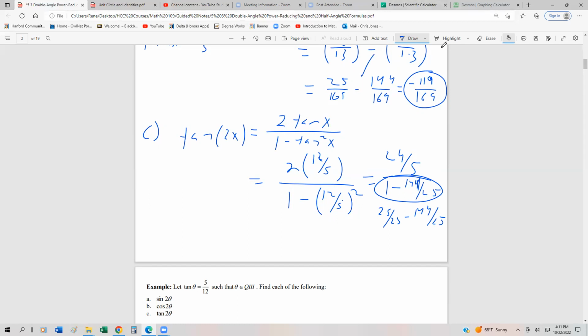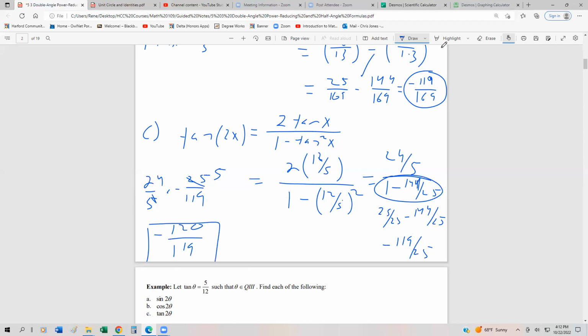So that's negative 119 over 25 for your denominator. And then finally, we can multiply by the reciprocal to clean that up. So 24/5 times negative 25 over 119. That's going to simplify. That's going to become a 5. Okay, and then this is going to cancel out. 24 times 5, we should have negative 120 over 119.